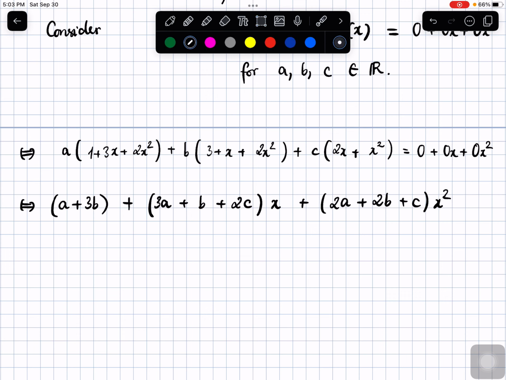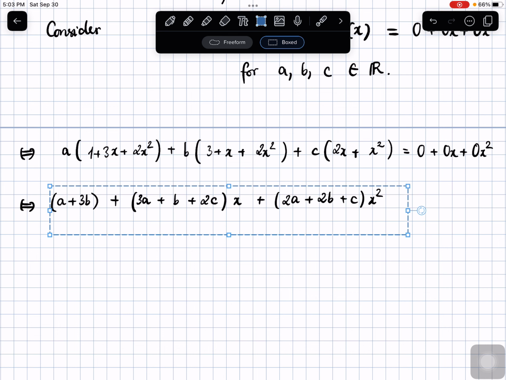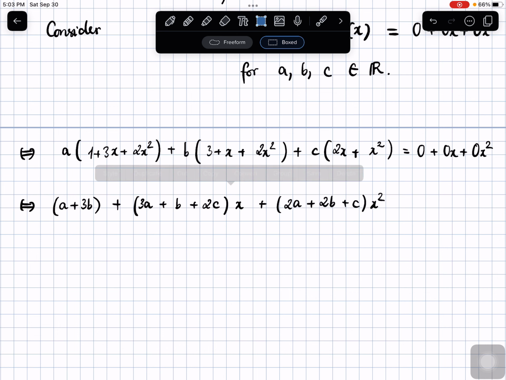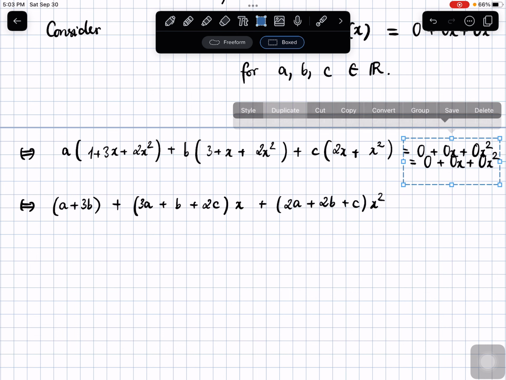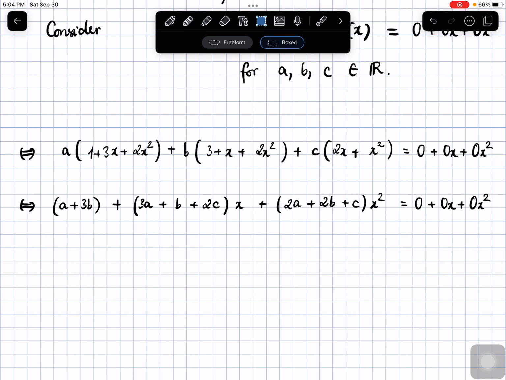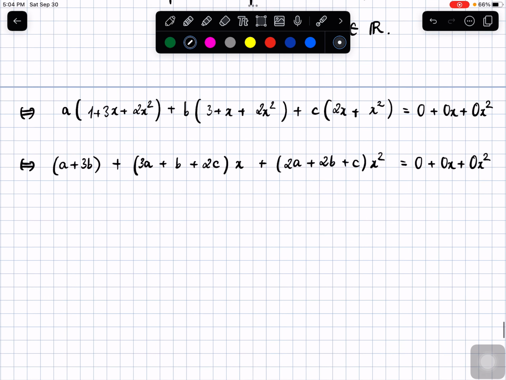And this equals the right-hand side. And now two polynomials are equal if the corresponding coefficients are equal.